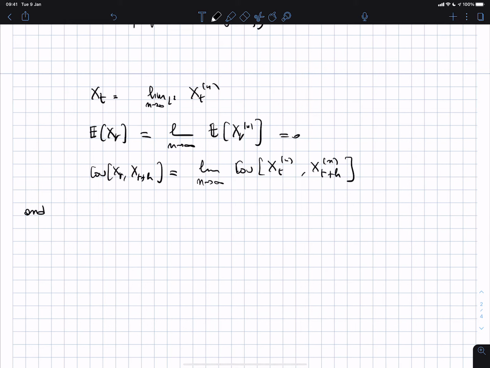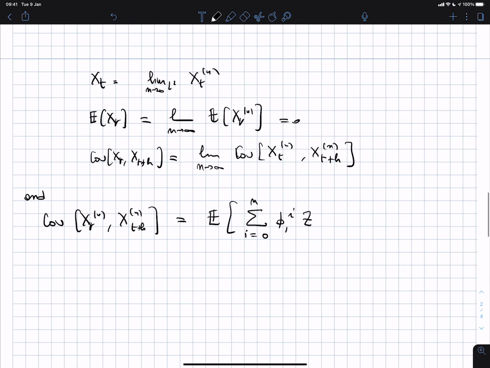And it's not hard to compute the covariance of xt_n with xt plus hn. This is equal to this expectation here. I'll try not to make any mistakes. So this is this, and I multiply here with this sum here. I change index, just not to get mixed up, like this.